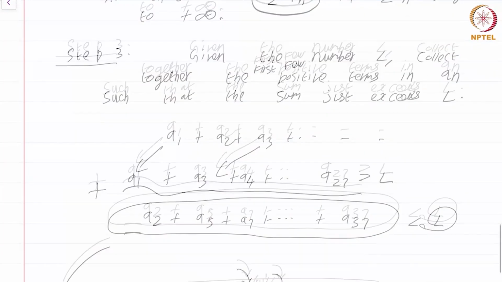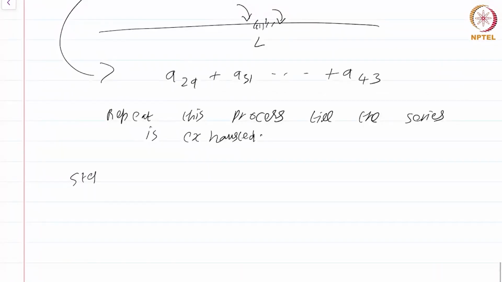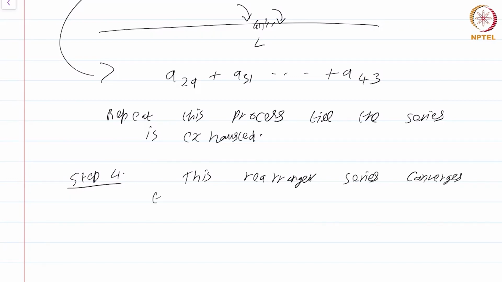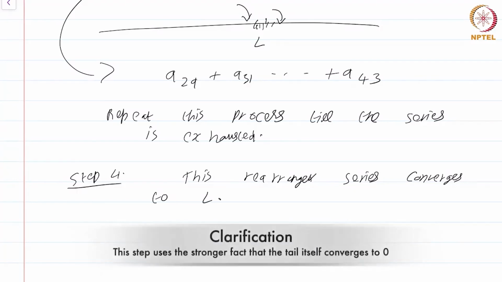So step 4 is to show that this rearranged series converges to capital L. This will not be hard because at each stage you notice that it jumps left and right between L, and the magnitude of the jump will become smaller and smaller because the original series converges.